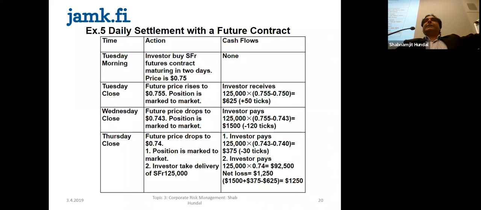If you buy the contract and the prices go up, you are positively marked. But if the price drops, you are unfavorably or negatively marked. But when you sell the contract and then the price increases, you are marked unfavorably. But if the price drops, you are marked positively. Like the example of the house I gave you, if you buy the house and the price goes up, good for you.